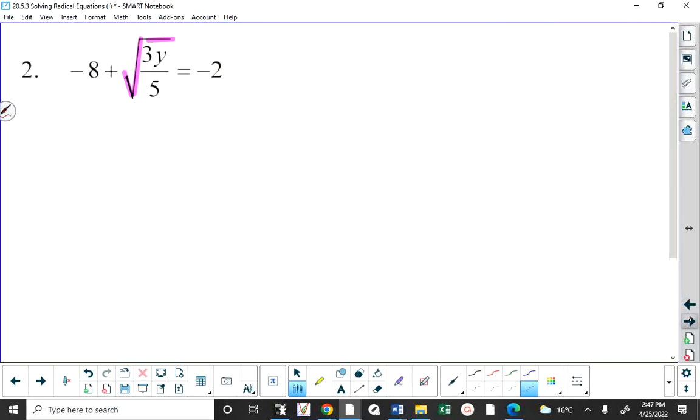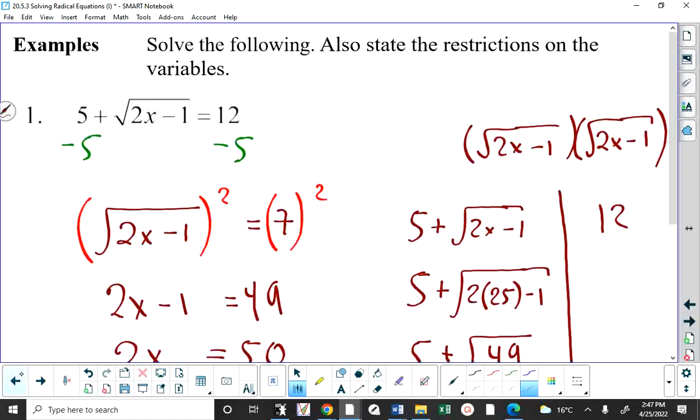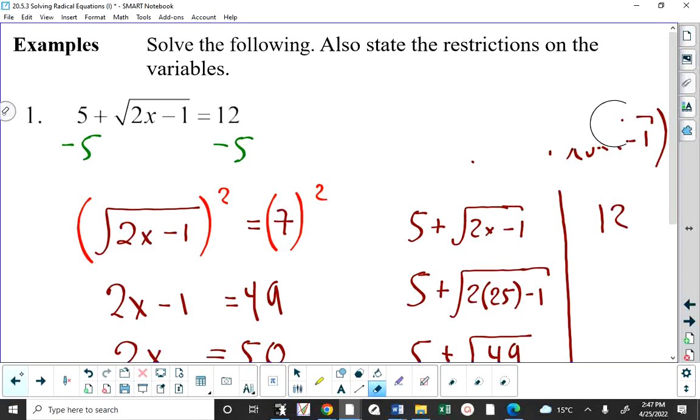Well, we have to isolate the radical here. By the way, I guess we have one more thing to do here. It says state the restrictions on the variables. So this is a little bit different than what we did before with restrictions.